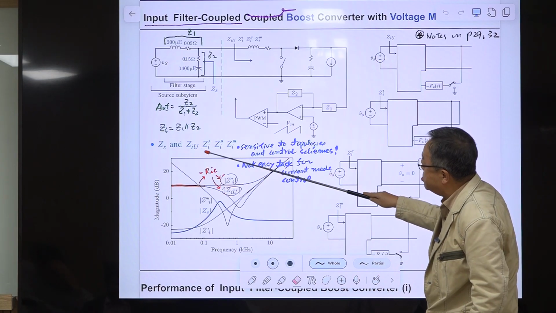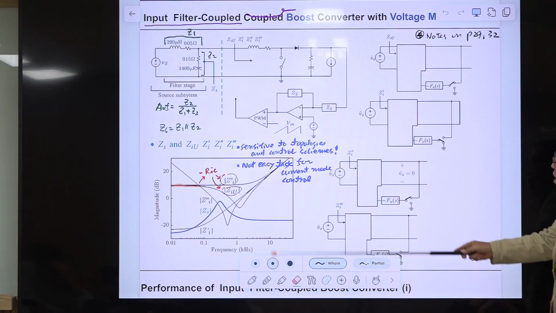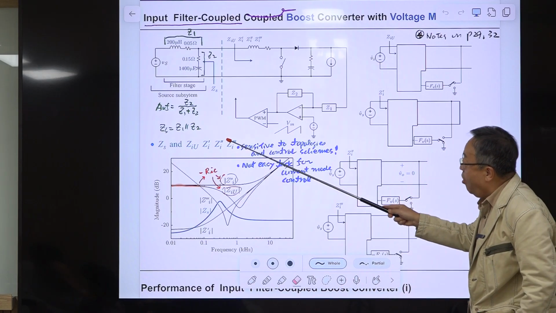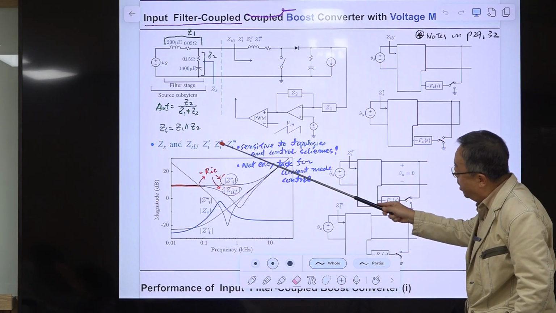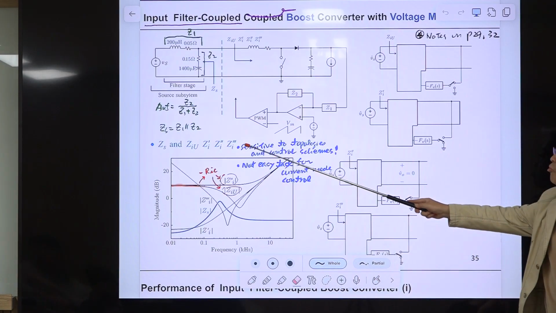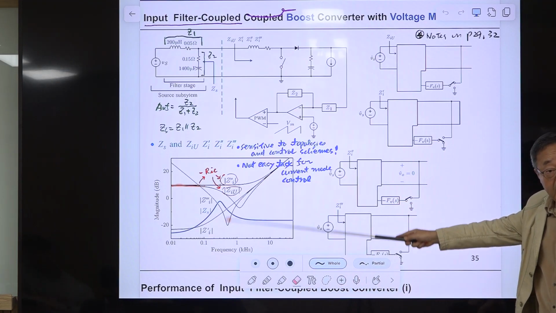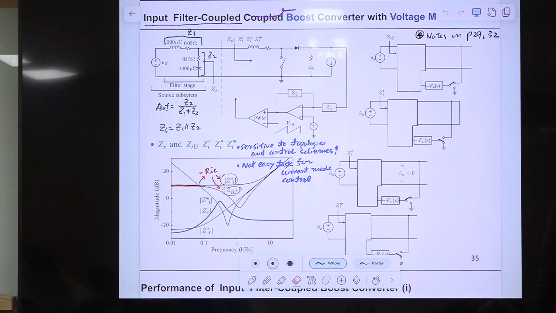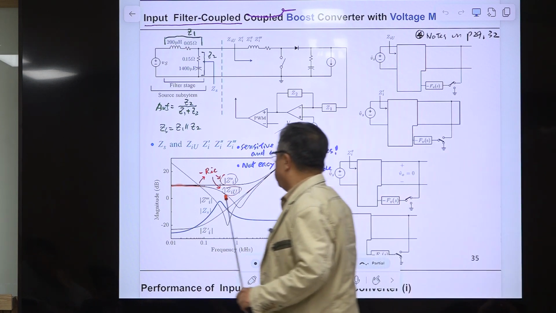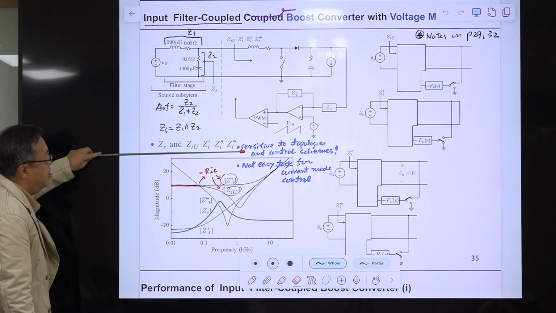This is the output-shorted open loop input impedance of the converter, and this is the feedback signal nullified, output voltage nullified, closed loop input impedance of the converter, and this is the open loop impedance of the converter. Okay, so we need 4 different input impedances. They are absolutely necessary, and this is the plot based on the analytical derivation.